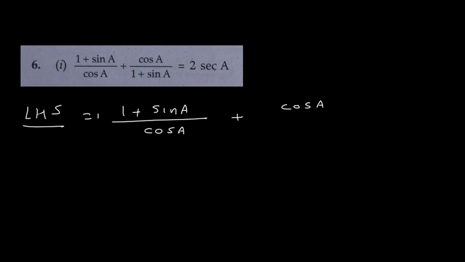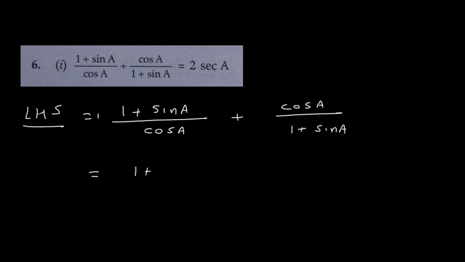Now the next question we have. LHS is given 1 plus sin A upon cos A plus cos A upon 1 plus sin A, and we have to prove that this is 2 sec A. Okay, so better what we do, cross multiply.